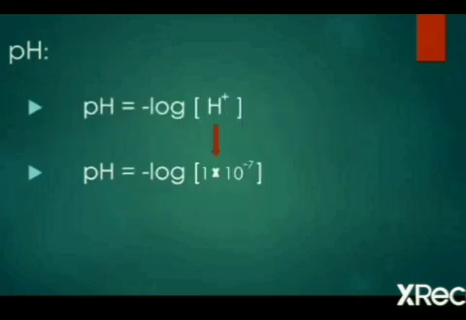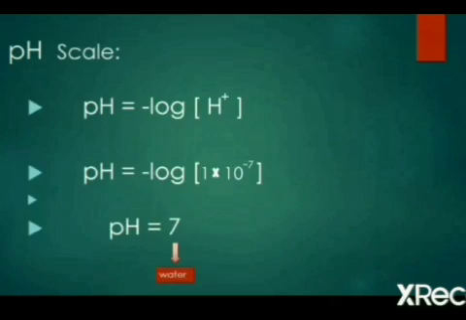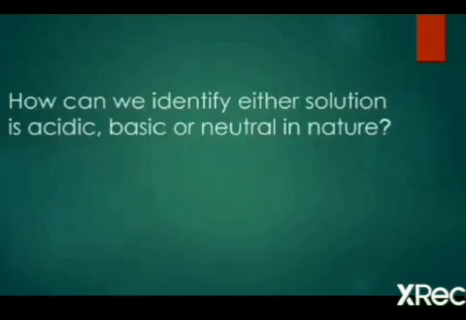So this is the formula: pH is equal to minus log H plus ions. And we will put the value of concentration of H ions, that is 10 raised to power minus 7. By taking anti-log, we get 7. So neutral water has pH 7.